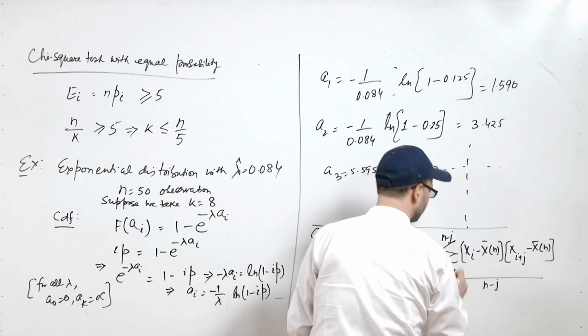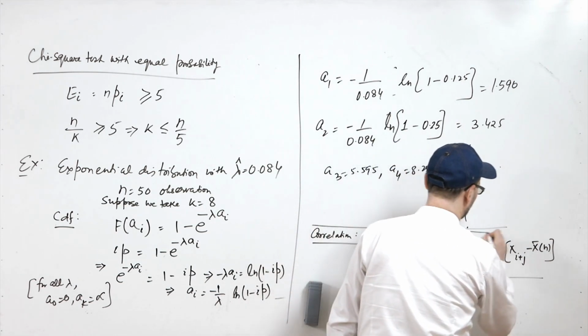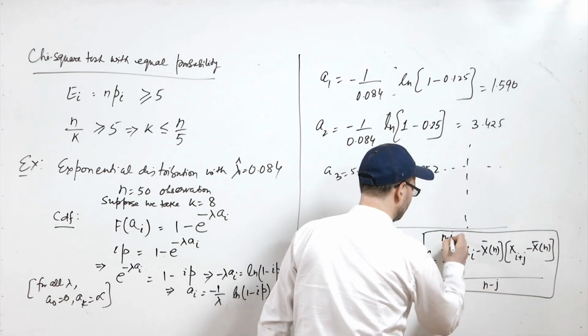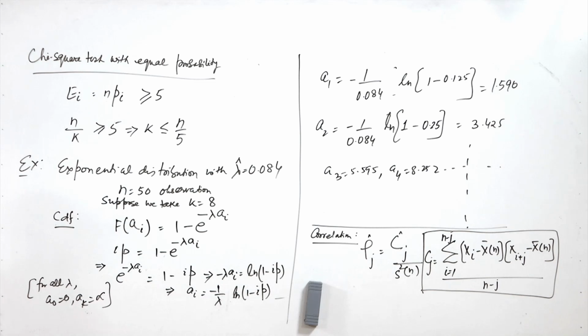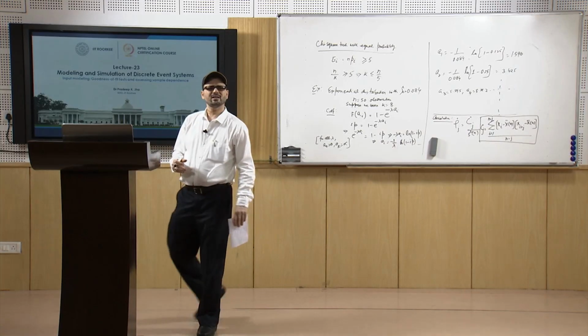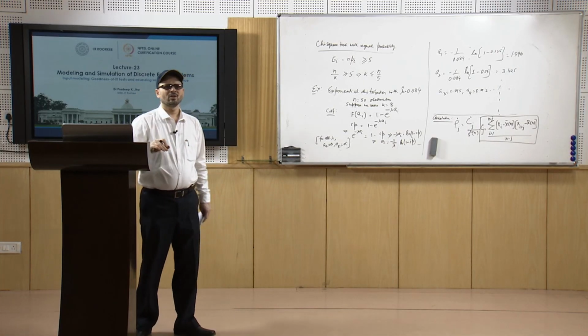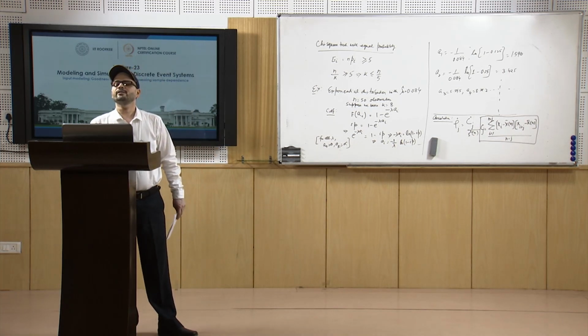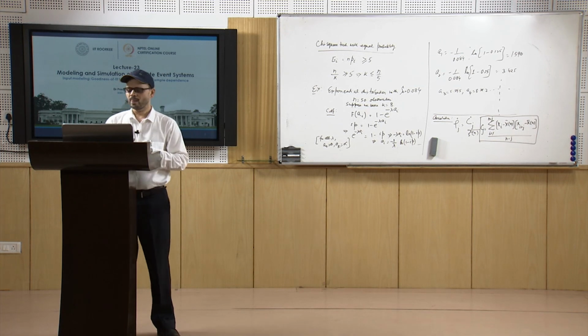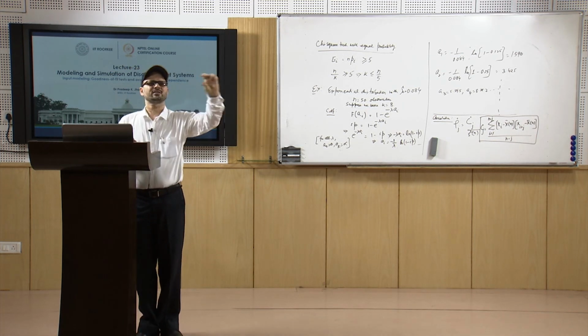Cj is computed using this formula, and once you get Cj, you divide by S square n. So you get the correlation, and then you plot it with j.